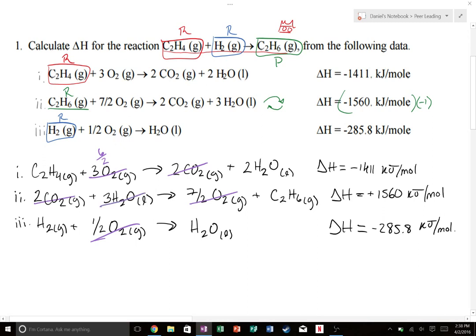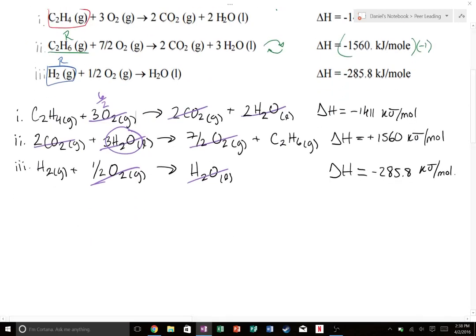We have 3 waters over here, as well as 1 water over here, and 2 waters over here. So a total of 3 waters on the product side, and the 3 waters that we cancel out over here on the reactants. So those perfectly cancel out as well. Let me erase this just so it doesn't confuse you. I do not see anything else that cancels out.